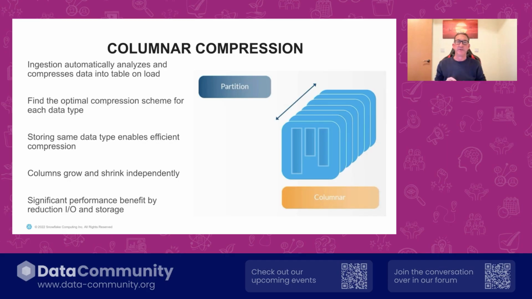When we're running queries, we can read individual columns rather than the entire micropartition itself. There's a significant performance benefit and reduction in I/O when taking this approach, which is why, naturally, Snowflake is potentially faster than an awful lot of retrieval engines.